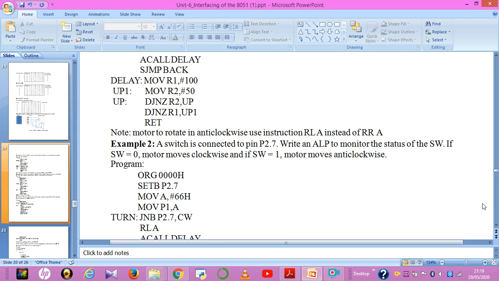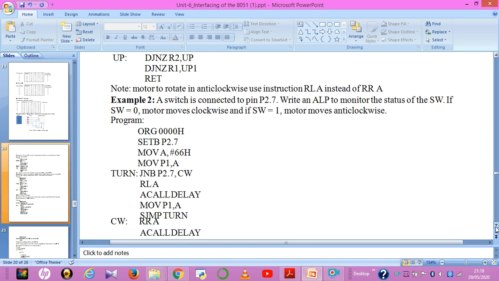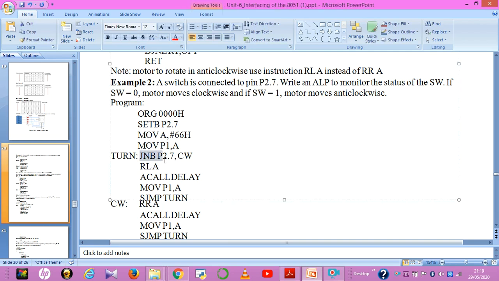Another example: depending on the switch status, they are asking to rotate the stepper motor clockwise and anti-clockwise. If the switch is 0, move the stepper motor clockwise. If the switch is 1, anti-clockwise. There I am checking the status using a jump instruction, checking the status of a particular port bit of P2.